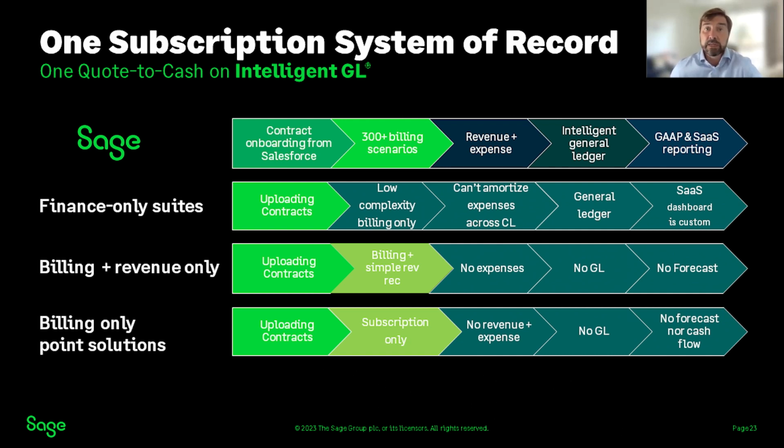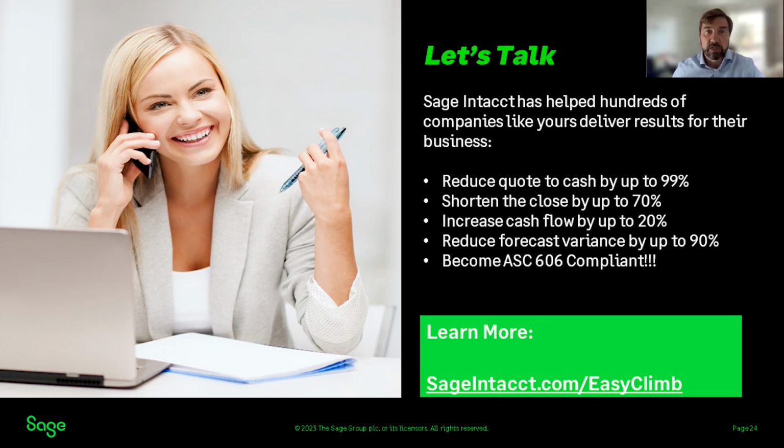So you're getting a delayed close from multiple data sources. The billing only don't have the GL, and so you don't have the expenses and the cash reporting, nor is it audited, and nor do you have the FP&A against it. The billing only point solutions are even less than that. So we are number one, we are differentiated, we are better for you. You will get all those wonderful things that we just laid out.